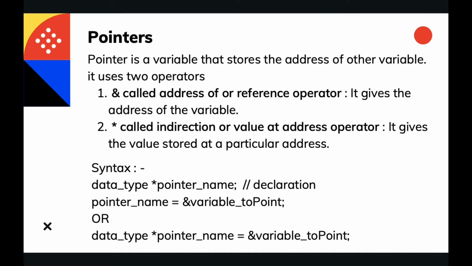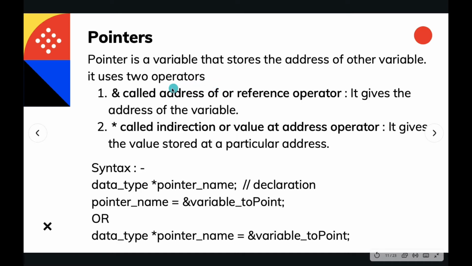Thirdly, we have the address of that particular variable. We have not used address much, but we have used it: we use the address of the variable while scanning the value itself. So a pointer is a variable that stores the address of another variable.